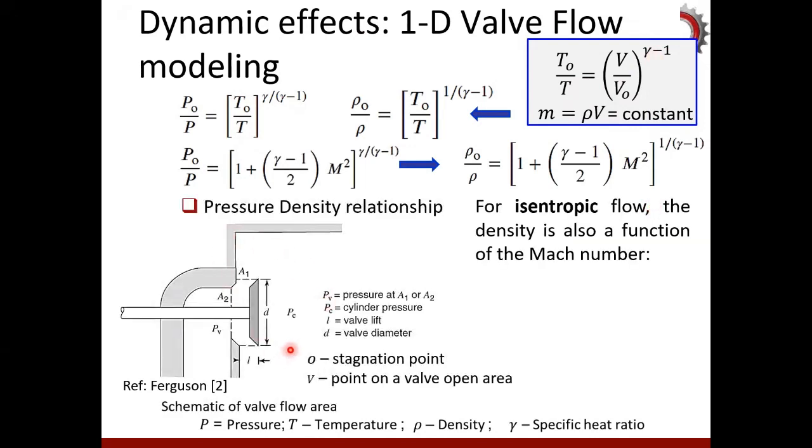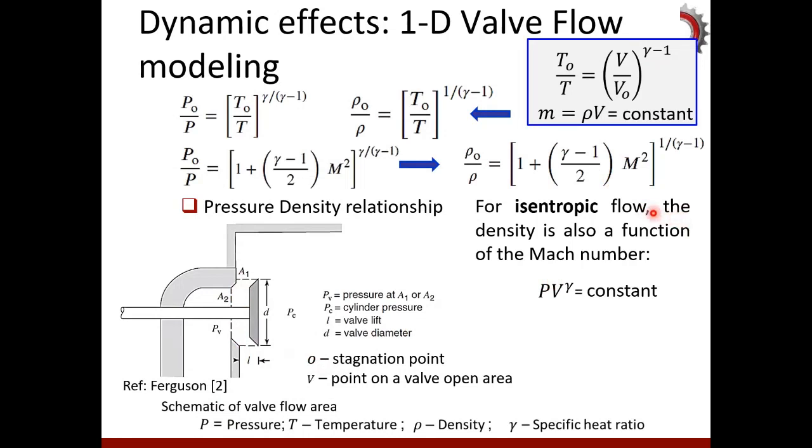If you consider a geometry like this, this is the valve, this is upstream and this is downstream if it is the intake system, and this is upstream and this is downstream for exhaust. So O represents the stagnation point, V represents the point on the valve open area. So V is in the downstream and O is in the upstream.